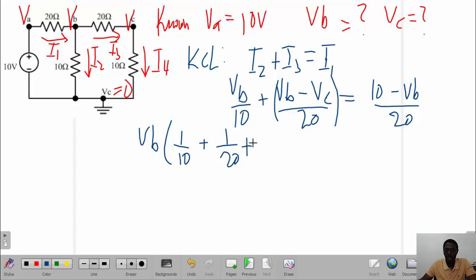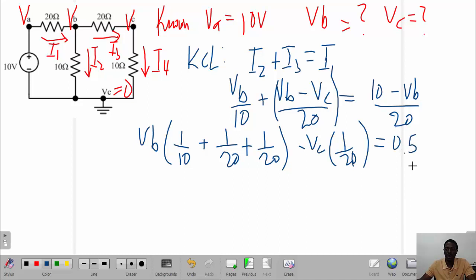It becomes also a plus 1 over 20, and then we've got minus VC over 20 must be able to give us 10 over 20, which is simply 0.5.